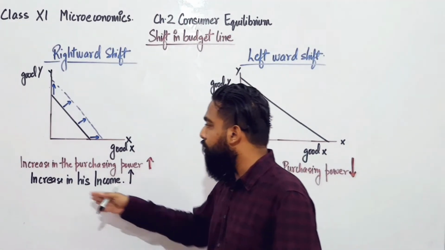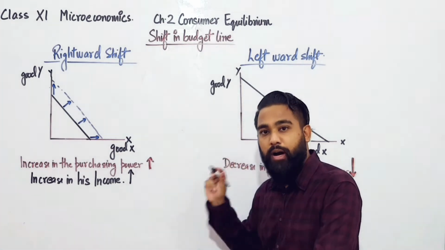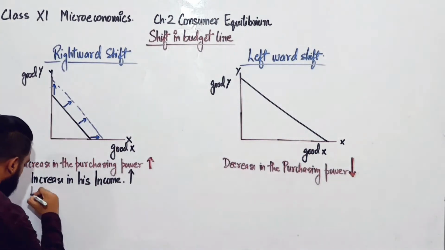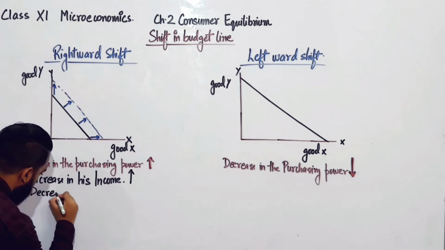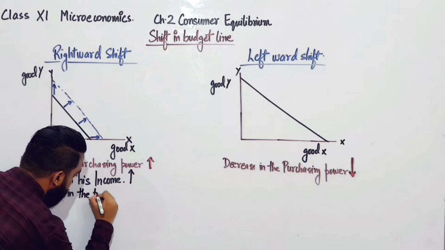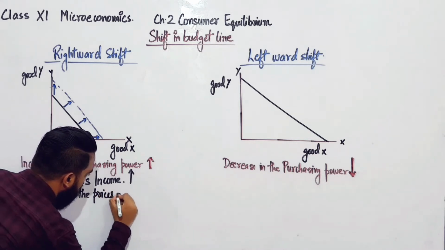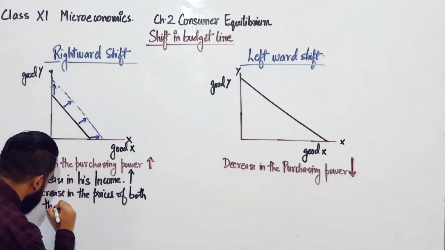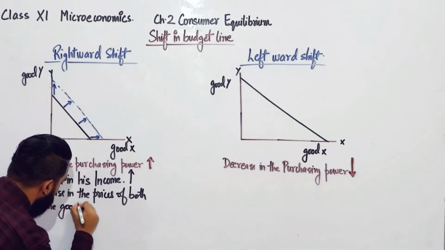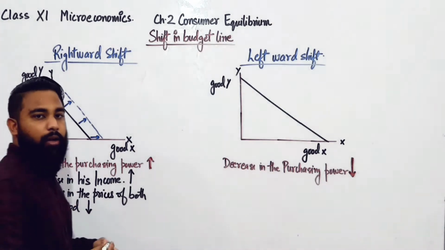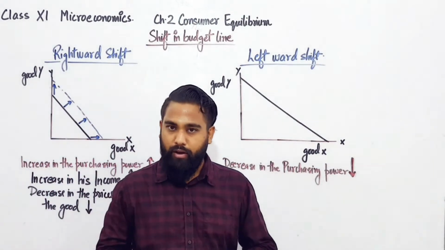That's how there is an increase in purchasing power again. If there is a decrease in the prices of both the goods, then you can have increased purchasing power.